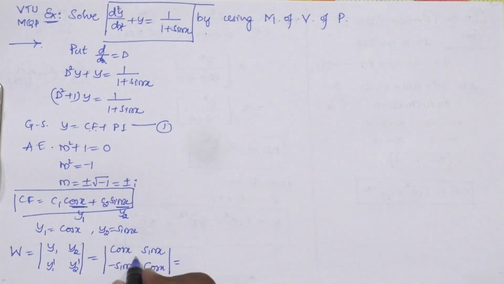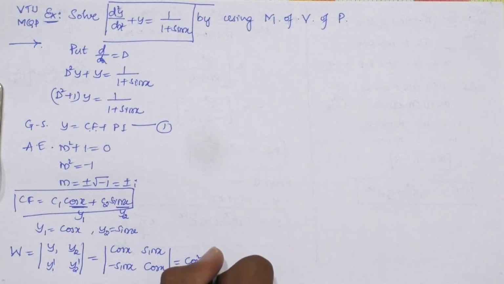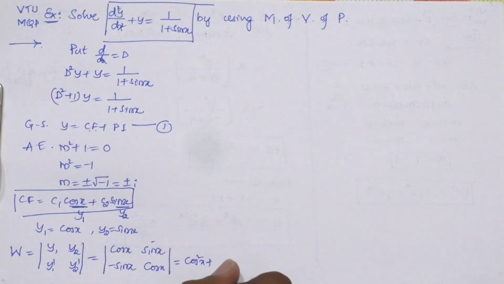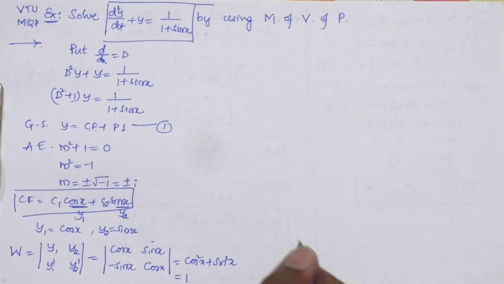So cos² x minus of minus, plus sin² x. So the W value is 1, since cos² + sin² = 1.